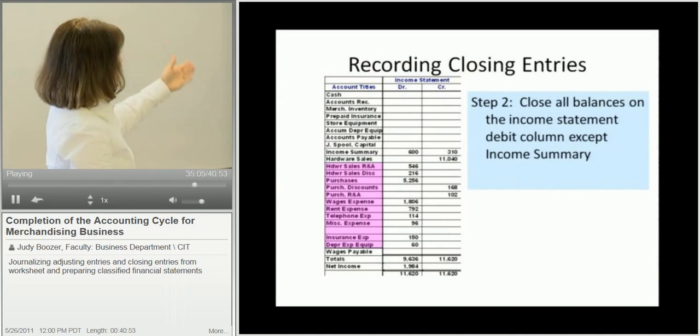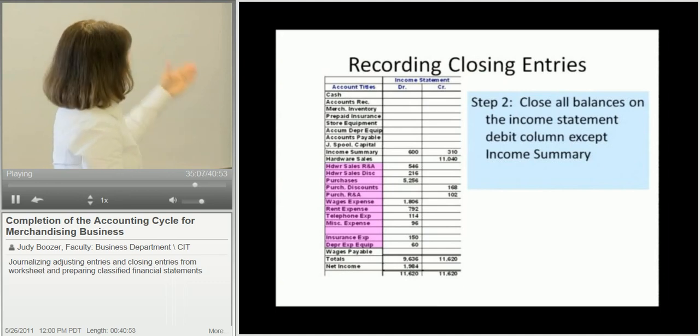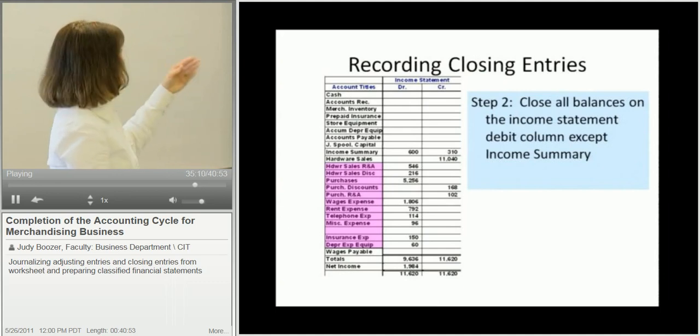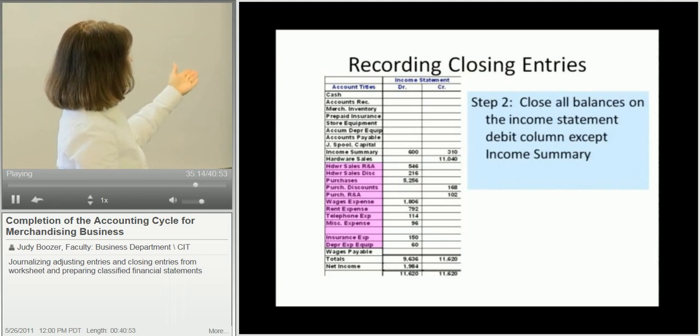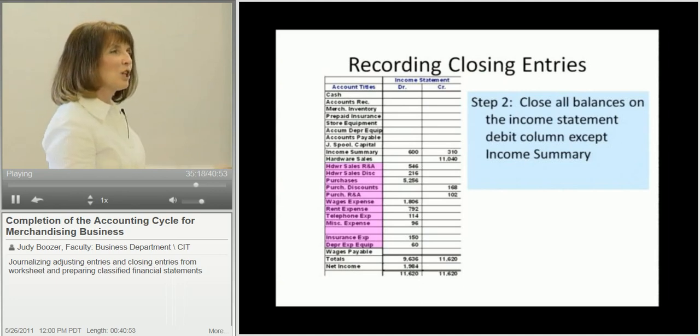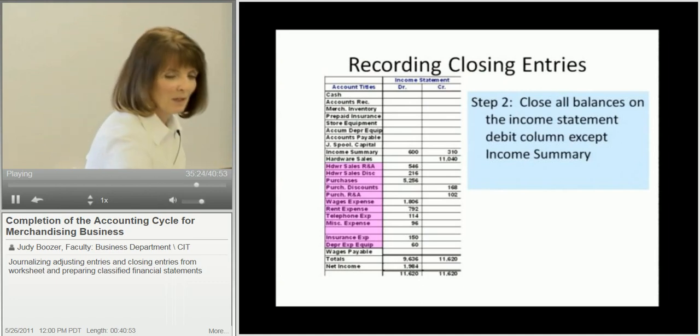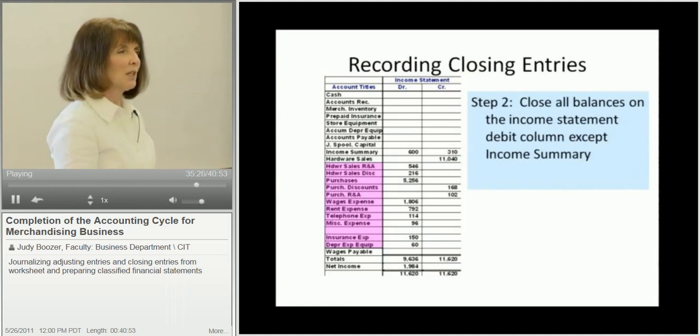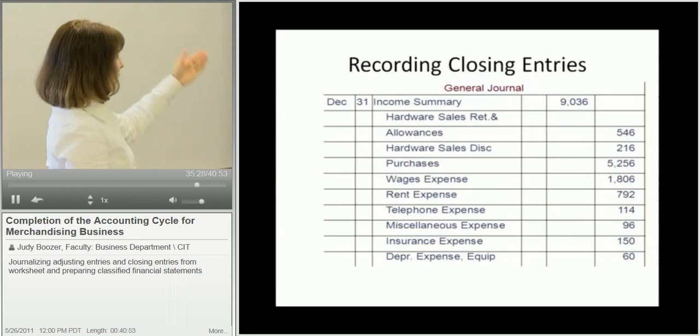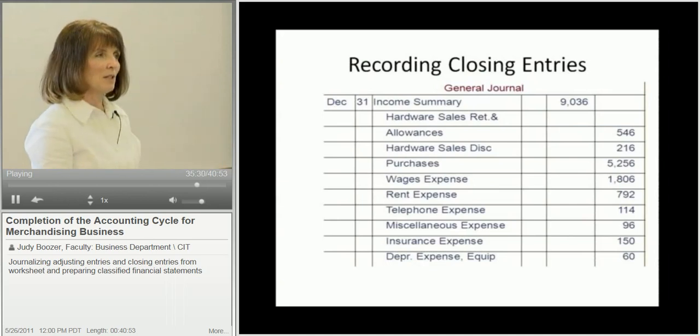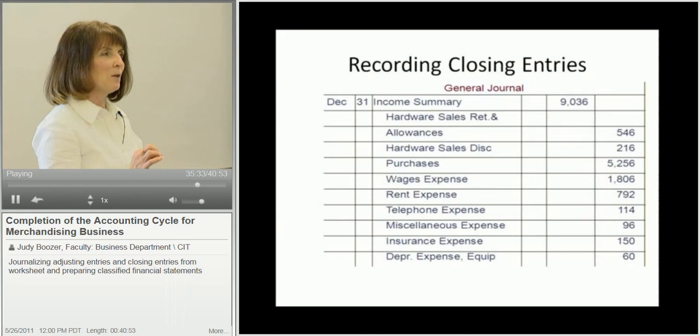So look at the ones that include sales return and allowance, sales discount, purchases, wages expense, and all the other expenses. In order to close those debit balance accounts, what must we do to them? Credit them. So here's what it'll look like. We're going to credit all of those debit balance accounts, thereby zeroing them out.